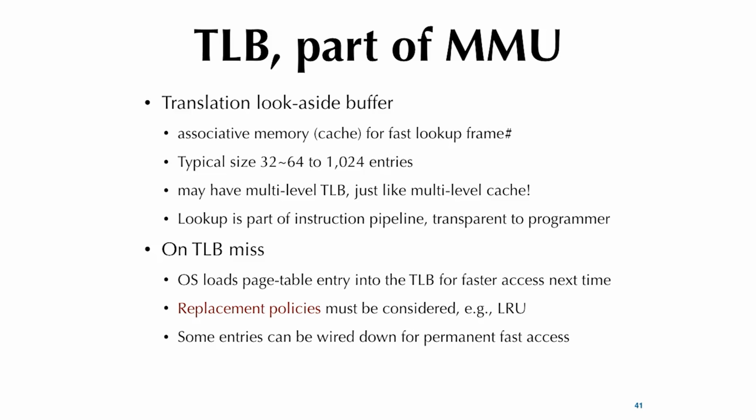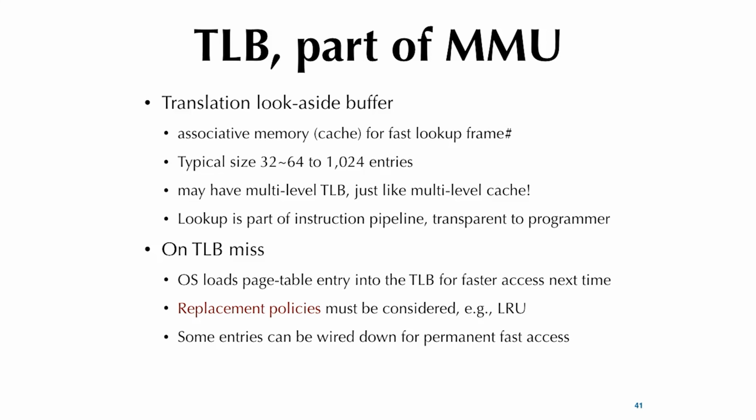And how many entries? Typically 32 to 64 is common, and modern ones can go up to 1K entries. Of course, associative memory is not cheap, and it's also high power, so that's why you don't keep that many entries. Hopefully you get high enough hit rates that this is worth it.